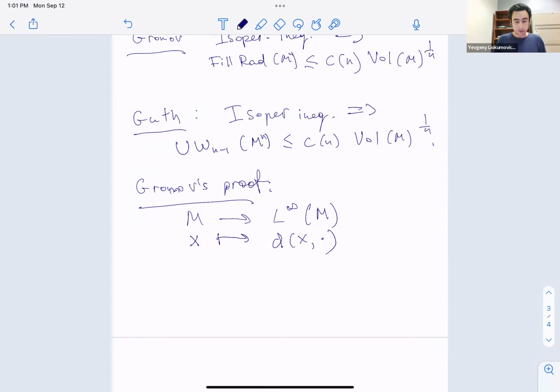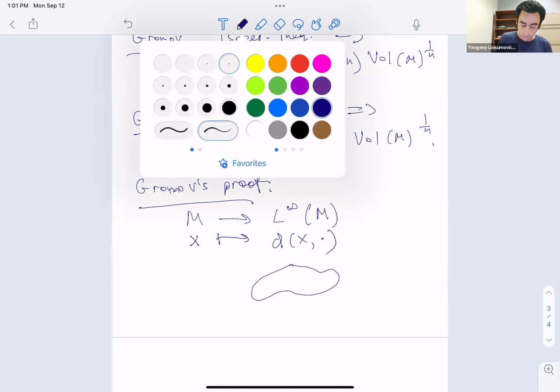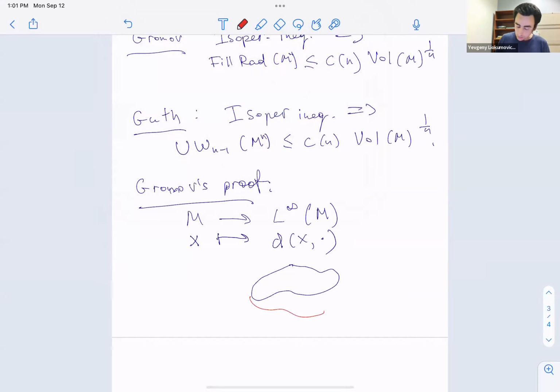One can show using the triangle inequality that this embedding is actually an isometric embedding. And now we have that our manifold lies inside of a Banach space, and we can use the isoperimetric inequality to construct a filling of the embedding inside this Banach space L-infinity of M.